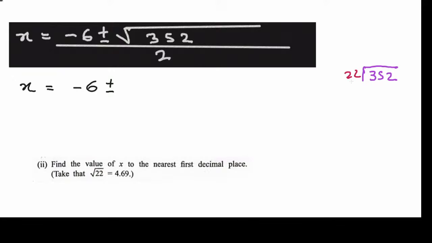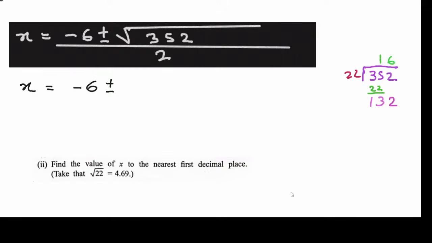How many 22s are there in 35? It's 1. 1 times 22 is 22. How much remaining? That's 13 and 132. How many 22s? 22 times 6 is 132.